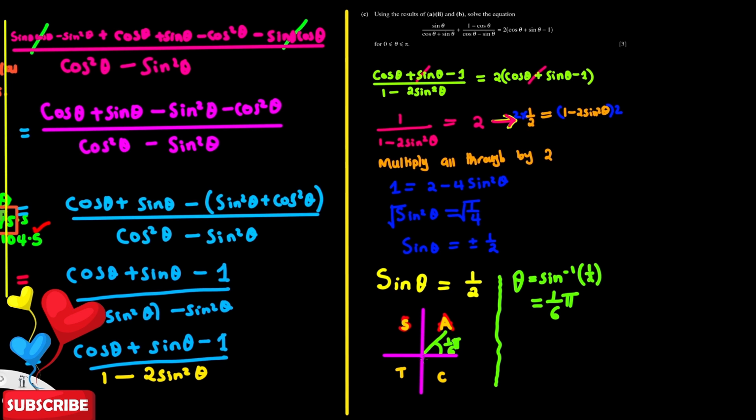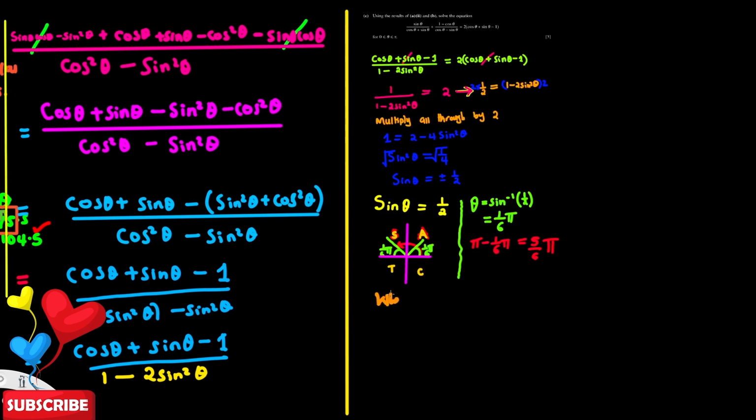So the first solution is 1 over 6 pi. The next bit, yes, this part also is 1 over 6 pi, but now you are measuring the angle from the x-axis, 0 degrees, all the way to where that straight line in the second quadrant is. So basically that's going to be pi minus 1 over 6 pi, and that's going to translate to 5 over 6 pi.